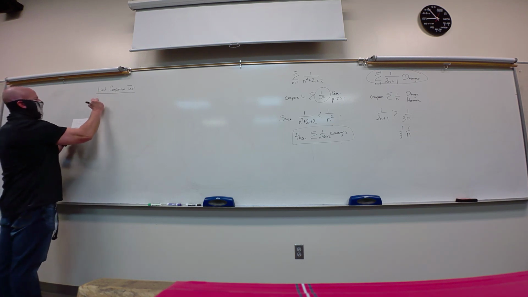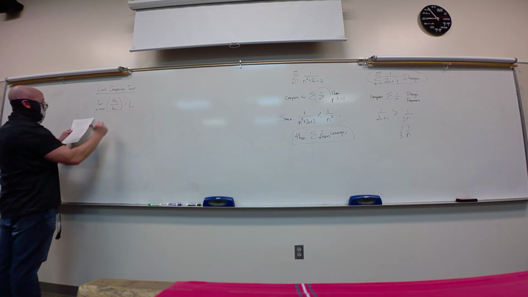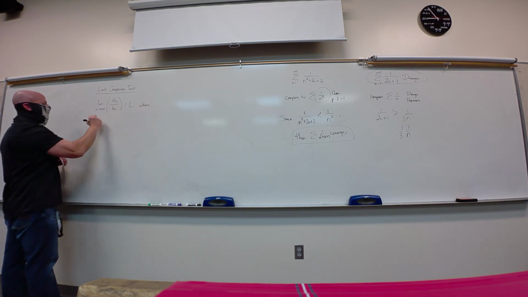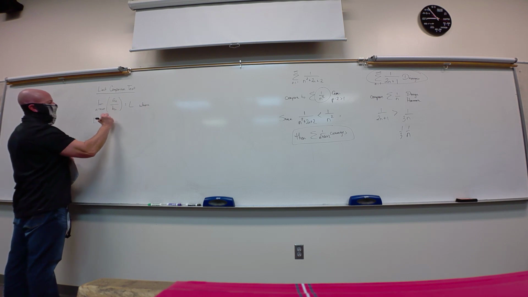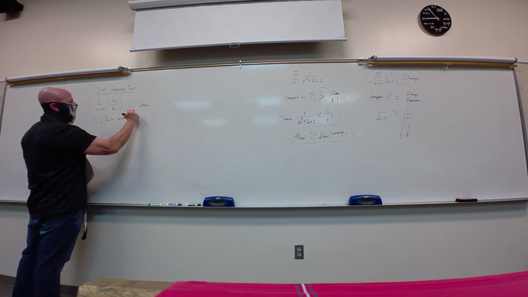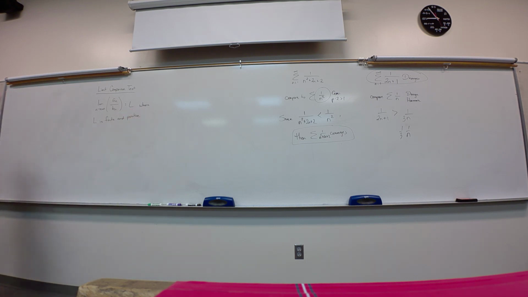The limit as n goes to infinity of a sub n over b sub n equals L, where L is finite and positive. So we're going to compute a limit.